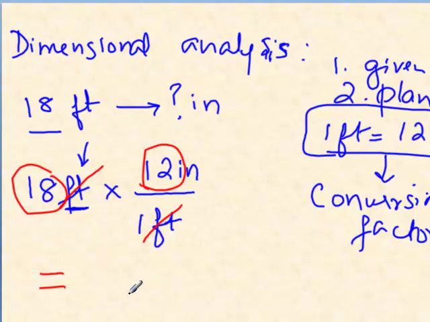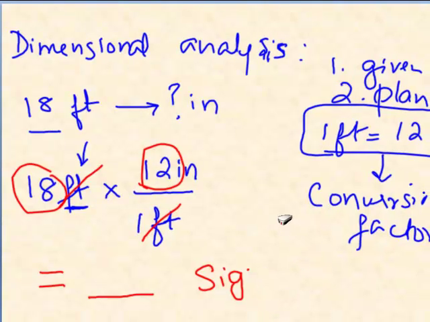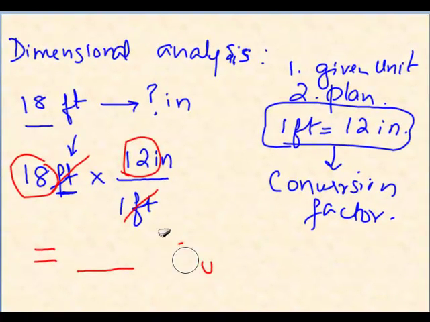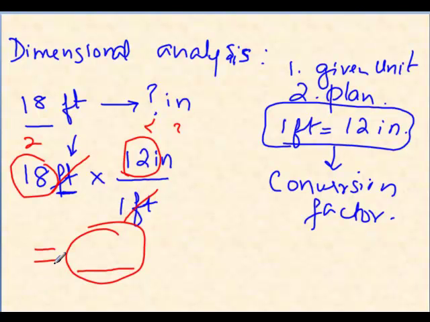When you do your answer over here, we are going to apply the significant figure rule. We're going to apply the significant rule over here to express our answer. Here this value has 2 significant digits and this value has 2 significant digits. So my reported answer should have only 2 significant digits.